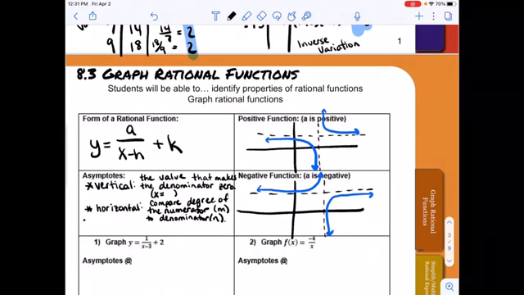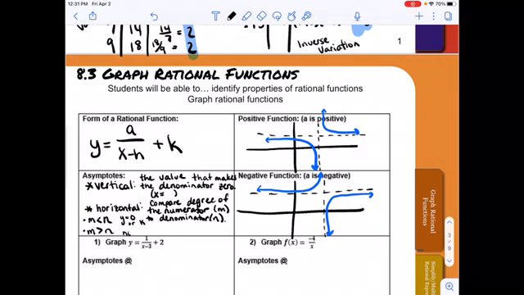We have when m, the numerator, is smaller than n, the denominator. This is y equals 0, or your k value will be your horizontal asymptote. You could have when m is greater than n.